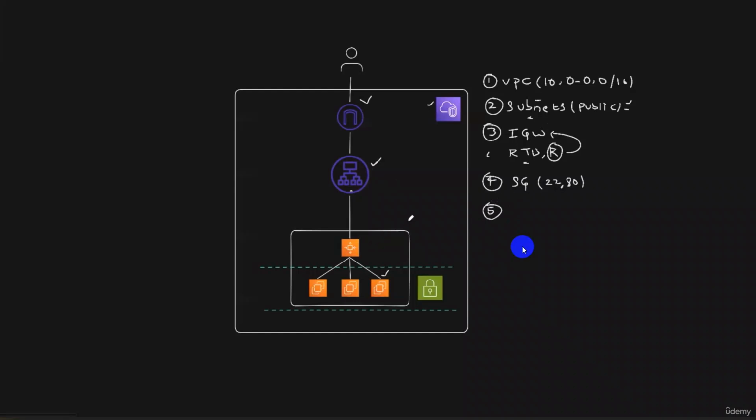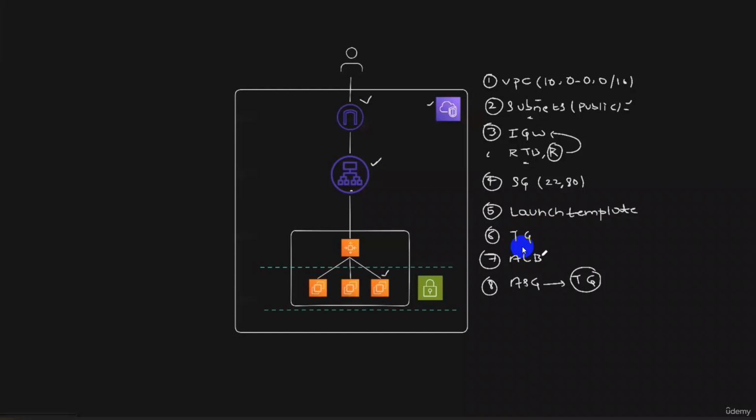Then once we have the subnet created, we are only left with the load balancer as well as auto scaling group. So we will first create a launch template, which is a prerequisite for auto scaling group. And once we have the launch template, we will create target group for the load balancer. Then we will create the load balancer. And finally, we will create ASG, auto scaling group, and associate the auto scaling group with target group.